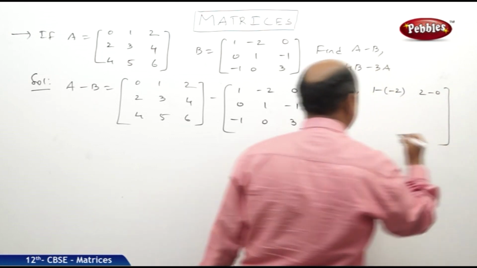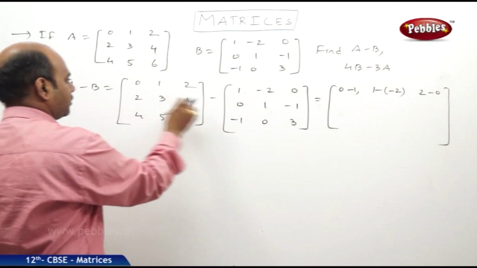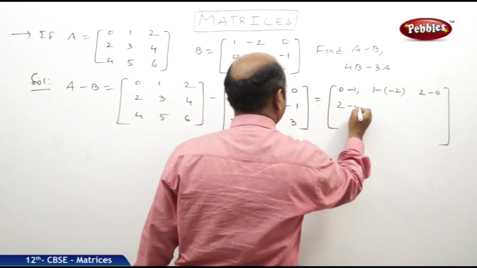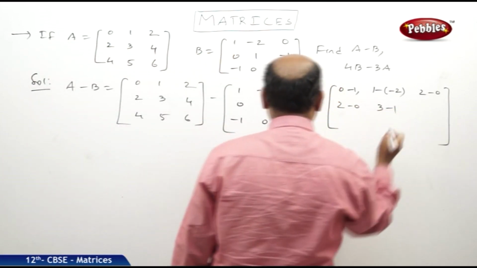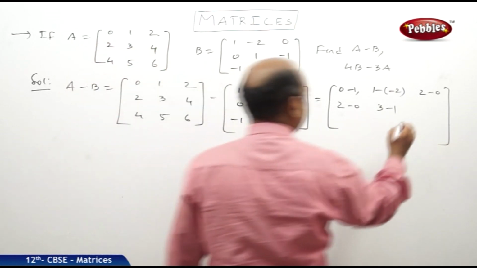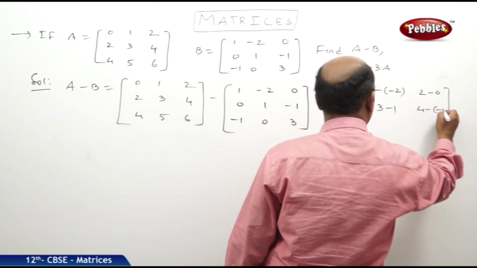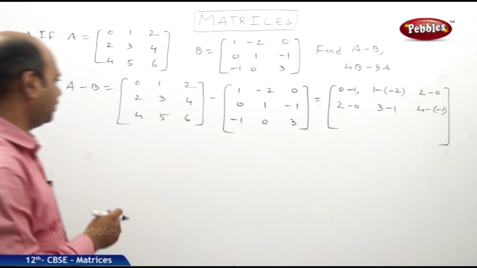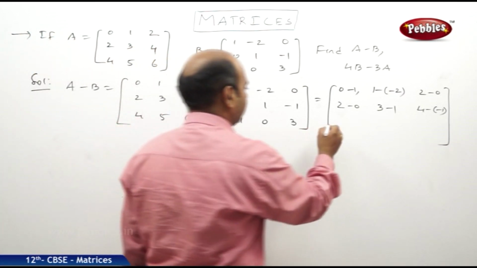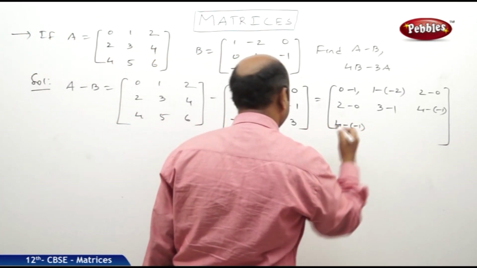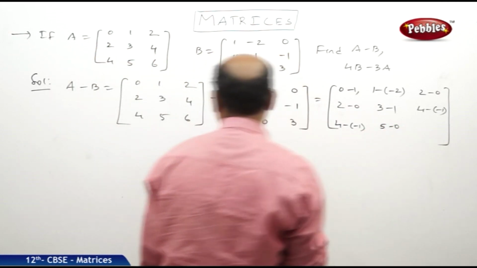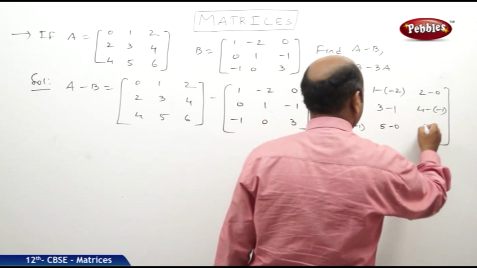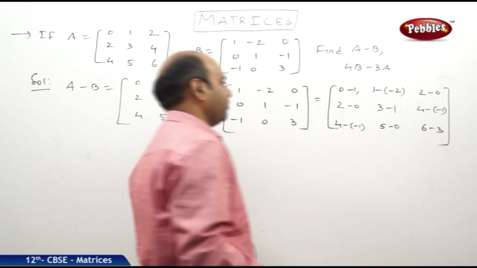2 minus 0, and here also 2 minus 0, and here 3 minus 1, and here 4 minus of minus 1, and here the same 4 minus of minus 1, here 5 minus 0, here 6 minus 3.